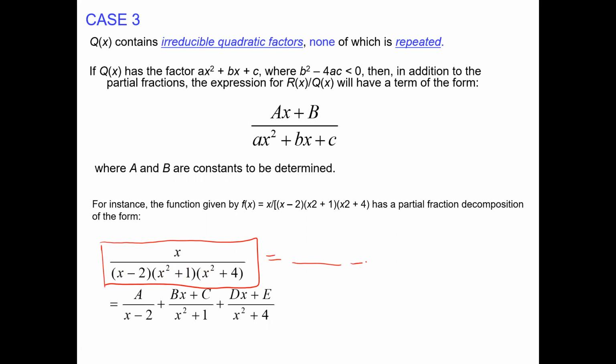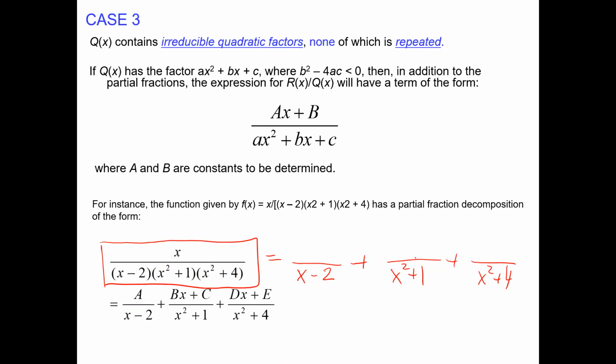So we end up with only 3 partial fractions for this expression. Even if the degree of the denominator polynomial is 5, since both of these are quadratic irreducible, we end up with them as simple fractions.